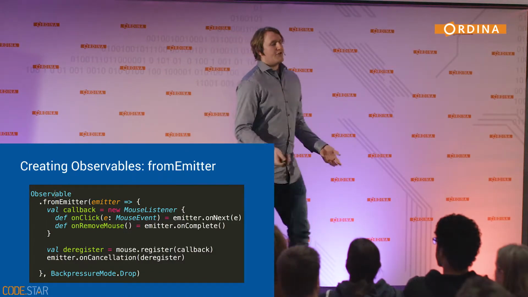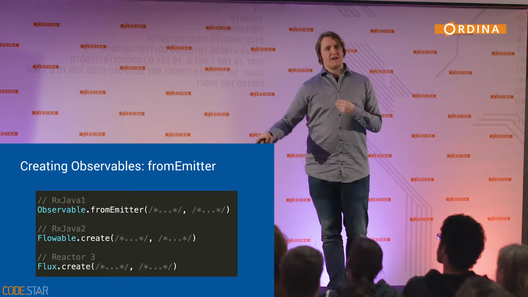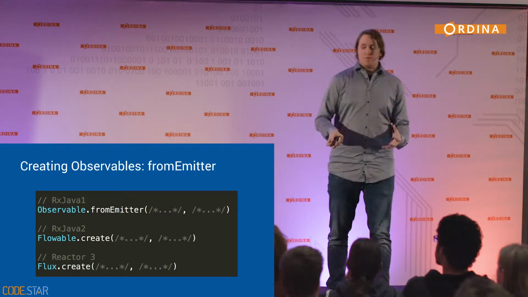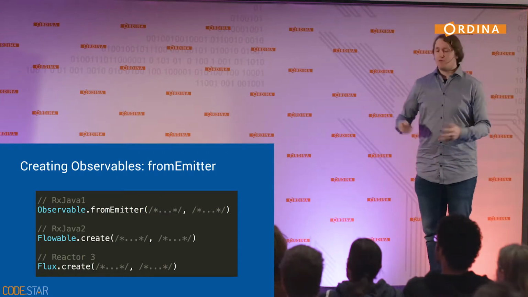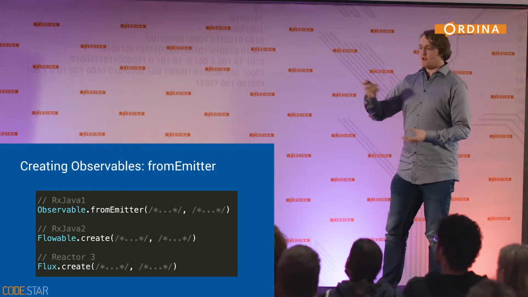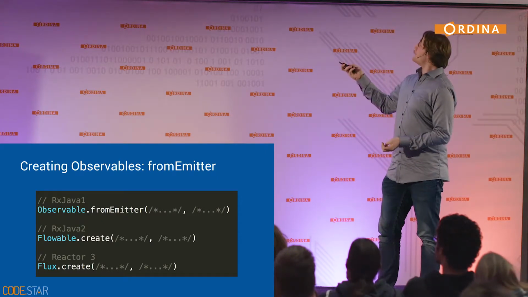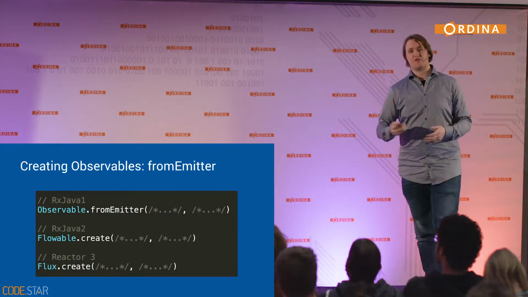More common is when you have an existing callback-based API, which you want to bring into the reactive world. So at that point, you have a from emitter constructor. What will this give you? Every time a new subscriber subscribes, you'll get a reference to the subscriber.